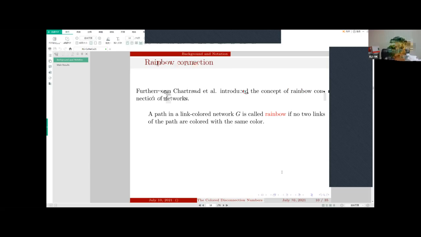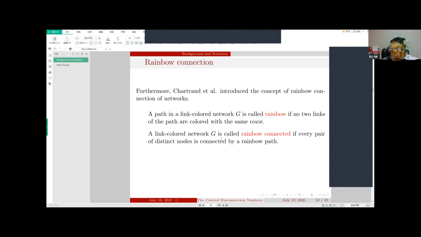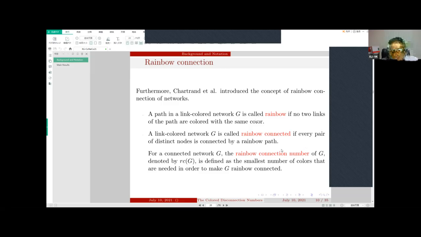Recently, I should say about 10 years ago, Chartrand and others proposed the rainbow coloring of a network. First, a path is rainbow if any two links on the path have different colors. A link-colored network is called rainbow connected if for any pair of distinct nodes there is a rainbow path connecting them.